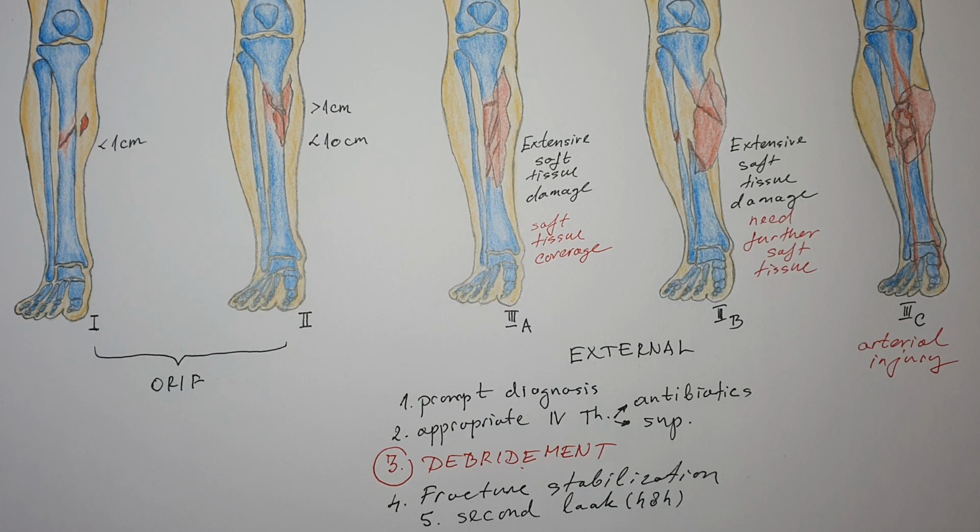So these are the shortcomings of this classification, but mostly because of the possibility to assess and see the wound severity and to make a prompt diagnosis and staging, this is a nice classification that is widely used.